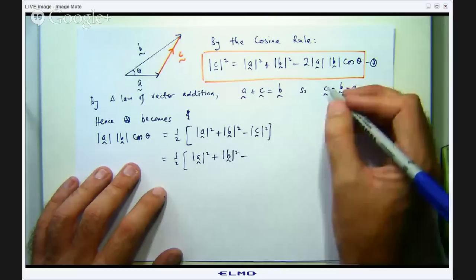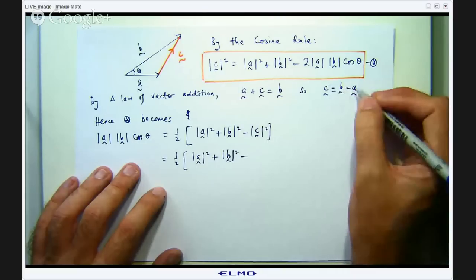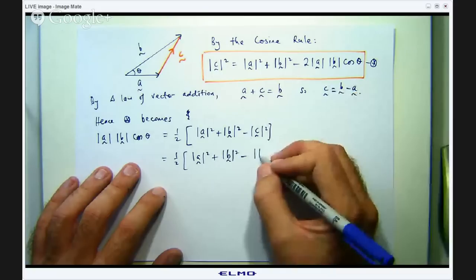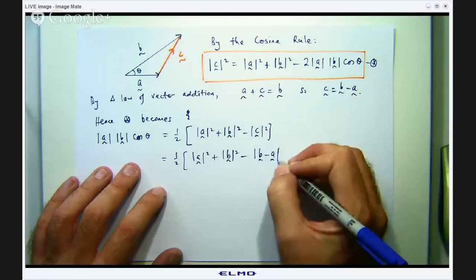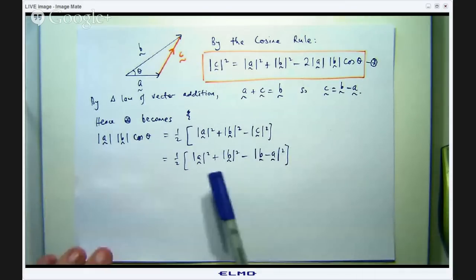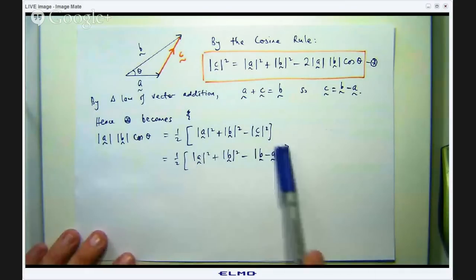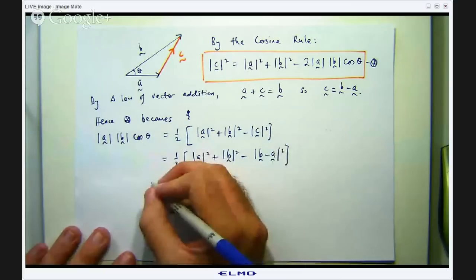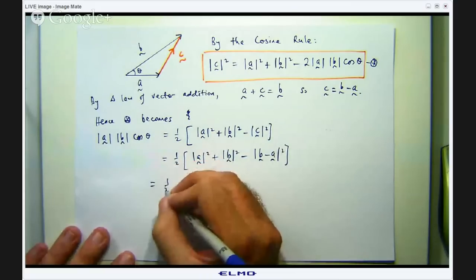Okay, so if I take the magnitude of that, or the lengths, I'll just get the following. And now I'm going to look and see what this reduces down to in the component form.